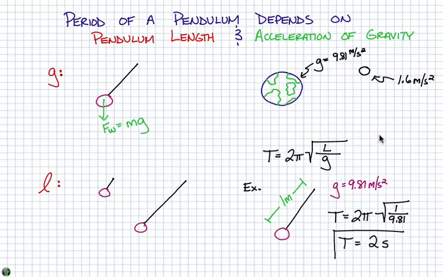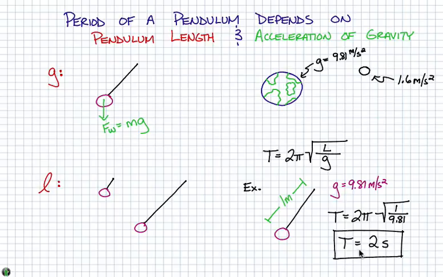Probably a little bit higher if you calculated correctly, but we can round and say it's about 2 seconds. So on Earth, if you have a pendulum that has 1 meter, it's going to take 2 seconds to make one complete cycle. So its period will be 2 seconds.